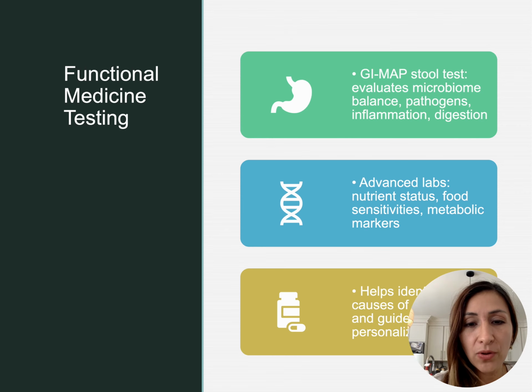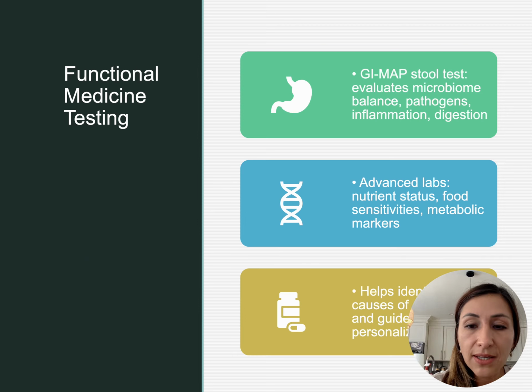A lot of you are wondering, how can we test if you have good and bad bacteria and if you have dysbiosis? In functional medicine, we have specialized testing that can help guide our treatments, and one of those is the GI-MAP. These tests help us dig deeper.